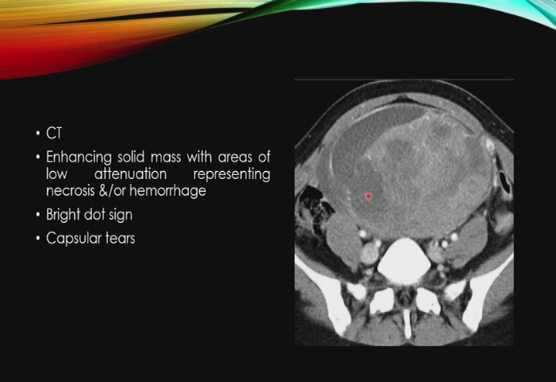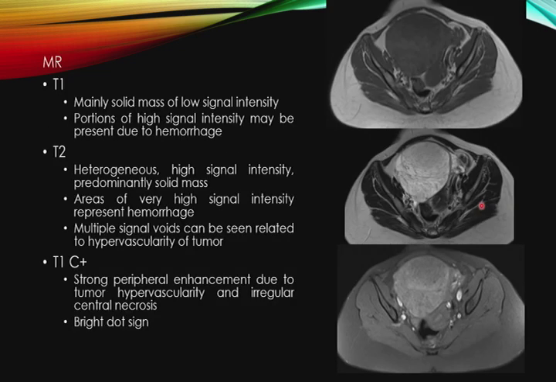On CT, an encasing solid mass with areas of low attenuation representing necrosis or hemorrhage, bright dot sign, and capsular teeth. And MRI: on T1, mainly a solid mass of low signal, and portions of high signal intensity may be present due to hemorrhage.